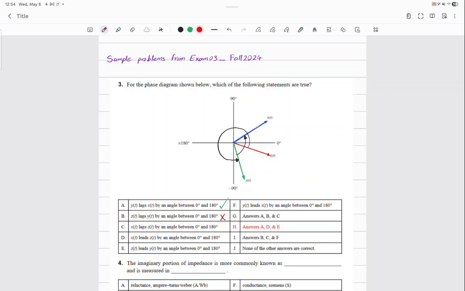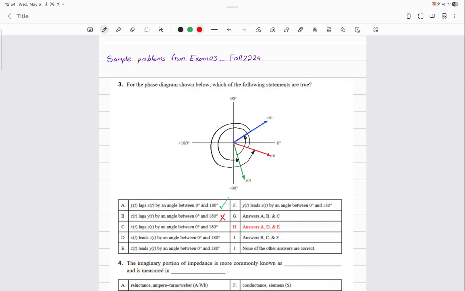C. X lags Z. It means that I should start from X, go in the counterclockwise direction, and reach Z. X lags Z by an angle between 0 and 180. Is it correct?